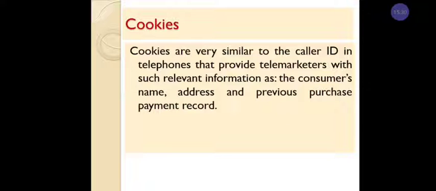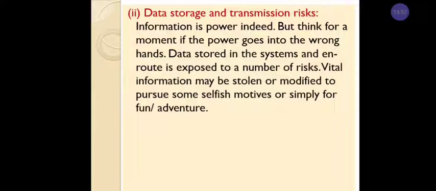When you are using a mobile phone or computer, sometimes online it shows a cookies icon. That icon means your information is going to be stored. It may be name, address, phone number, or previous purchase record. It is called cookies.